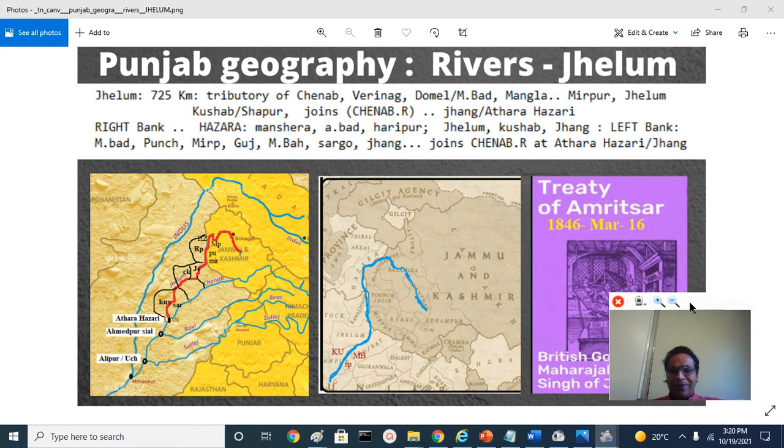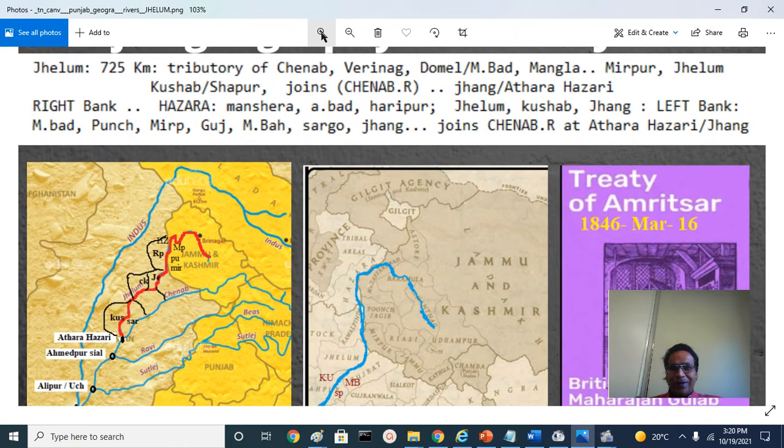And this is the overall bird's eye view of what I am going to talk today. After the presentation, you will know that JHELUM is around about 800 kilometer long river. It is the tributary of a bigger river Chenab that itself is around about 1200 kilometers.